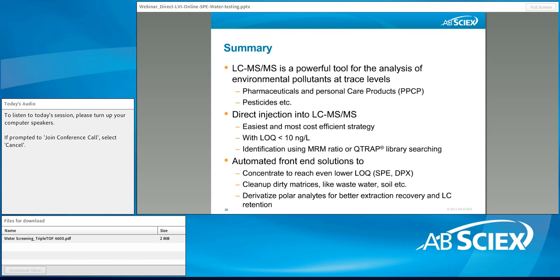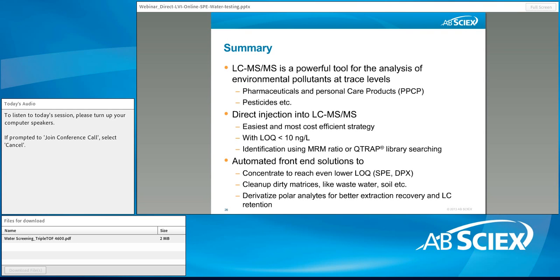And then I was showing you a couple of examples of how we can use automated front-end solutions like the Gerstel system we used in our laboratory to concentrate tricky analytes to reach even lower levels, or to clean up dirty matrices, to minimize possible matrix interferences and matrix effects, especially important when we deal with wastewater samples.